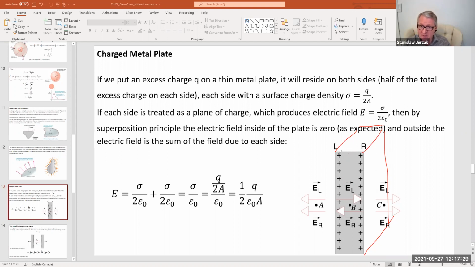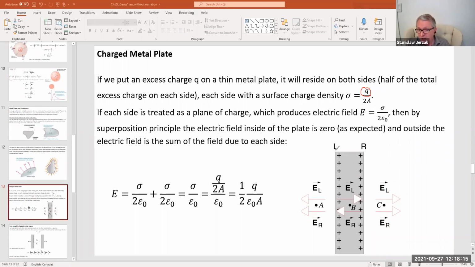If that plate of metal is relatively narrow, so that this width is very, very small, then most of the charge which I put would be located on this side surface and on the surface on the other side of that plate. So the total charge, let's say Q, which I put on that metal, would be distributed on both sides of the metal.